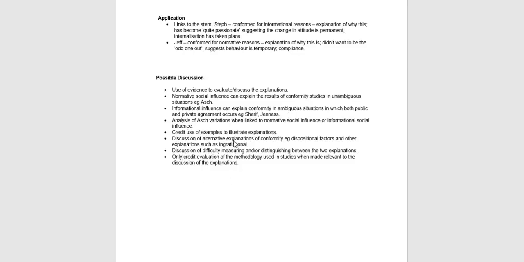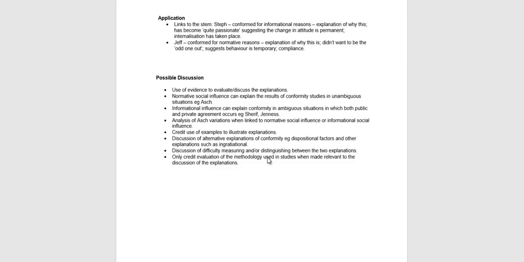And then we want to analyze. We want to give a little bit more discussion really. Okay, so we can bring in, for example, other explanations of conformity. So you could bring in dispositional factors here. If you did the old spec, you will have known about ingratiational.